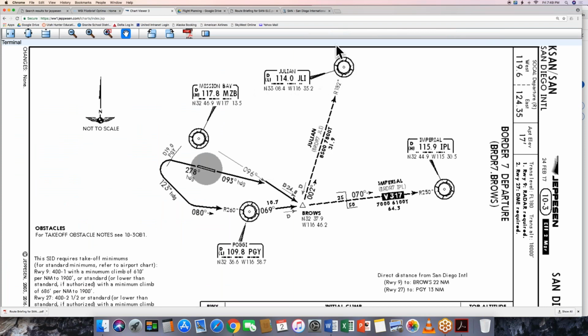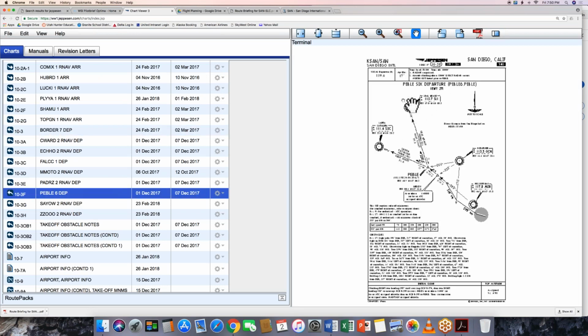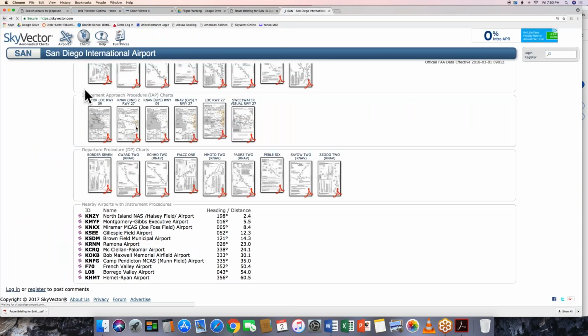We can look at Julian here. We can see where Julian puts us. It kind of starts us out the right direction. But the other one that kind of gets us on the right path would be Seal Beach. So we'll look at Seal Beach and Julian on the map here.